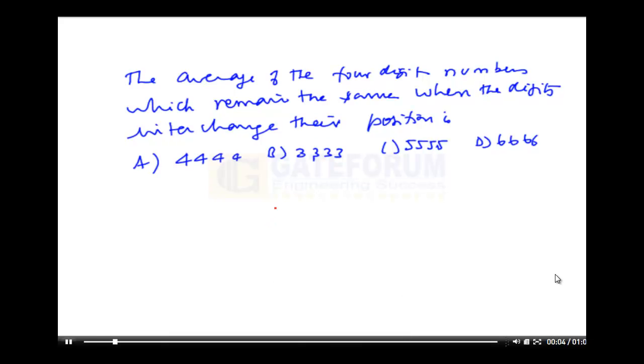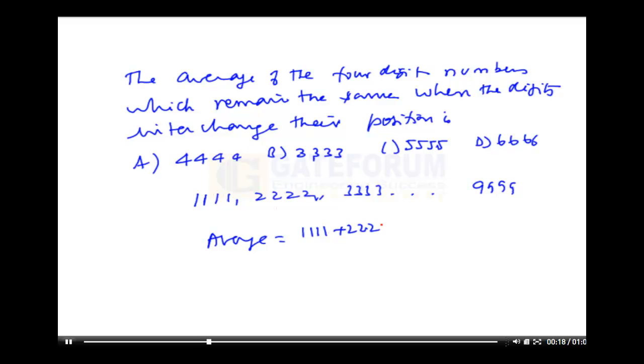Change their position. So the numbers have to be of the form 1111, 2222, 3333 up to 9999. So their average will be, you have to add up all these.